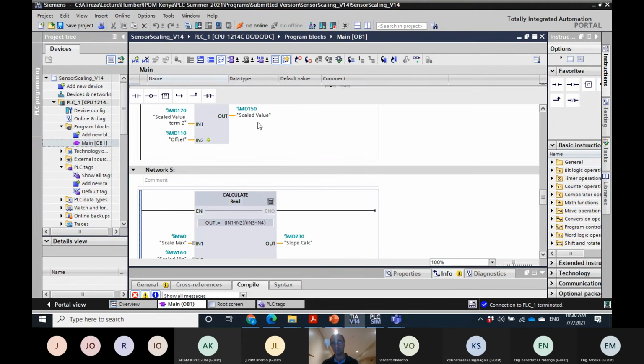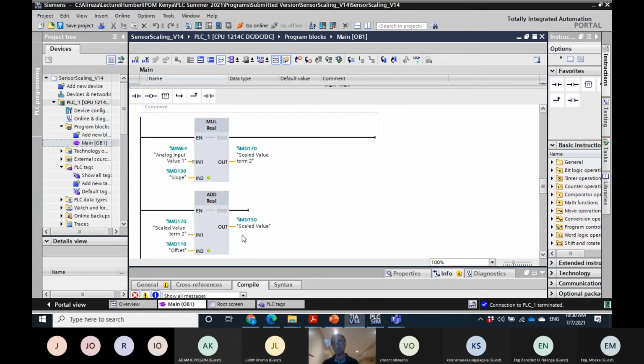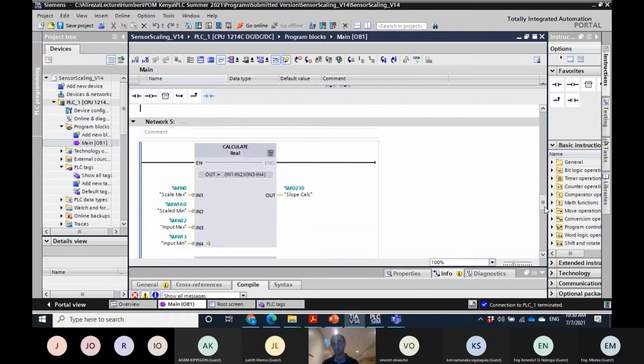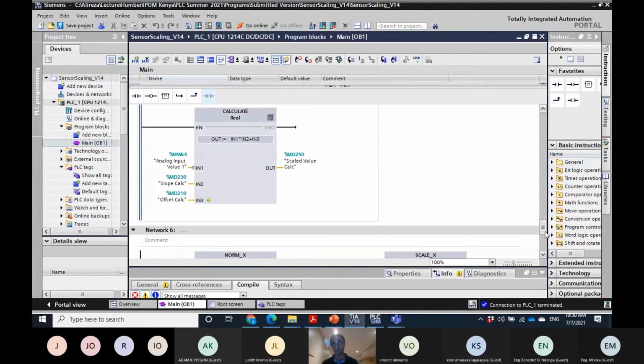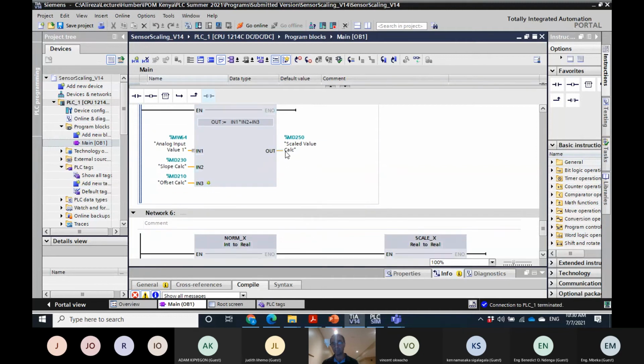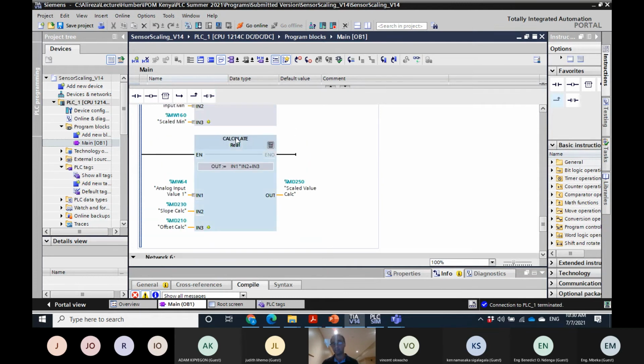One output is the scale value based on individual basic math functions, and you have another output I call scaled value calculate. That is the same value, but this time using the calculate function.